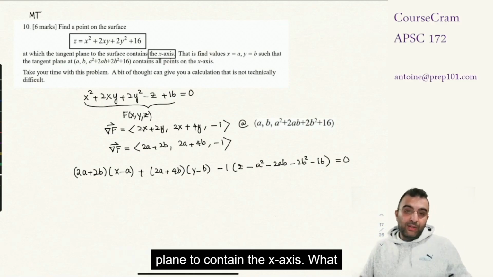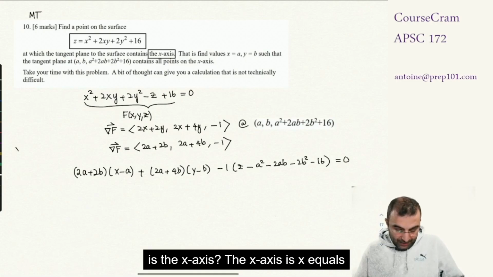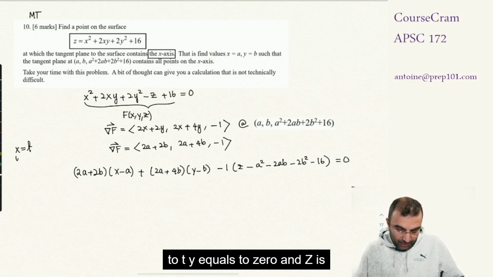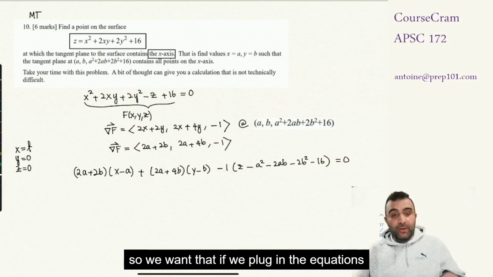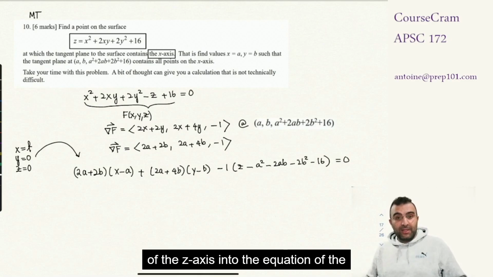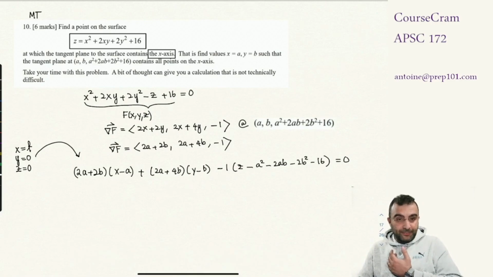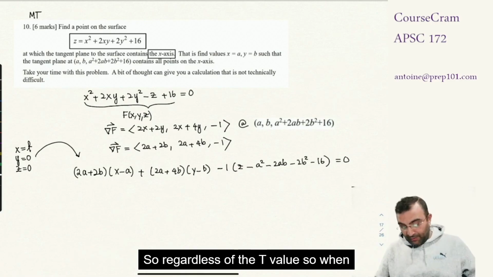Now what's the key point here? We want this plane to contain the x-axis. What is the x-axis? The x-axis is x equals t, y equals 0, and z equals 0. So if we plug the equations of the x-axis into the equation of the tangent plane, we want to get an equation that's equal to 0 for all t, regardless of the t value.